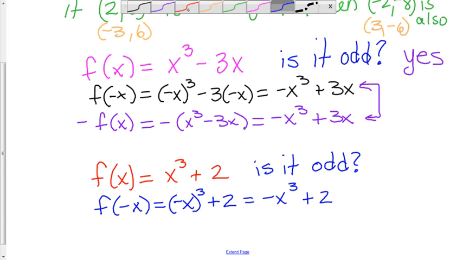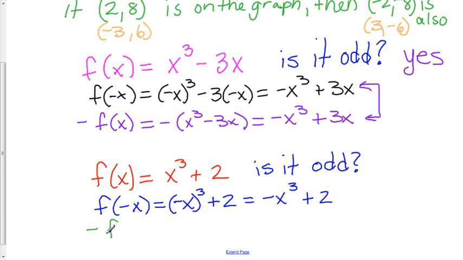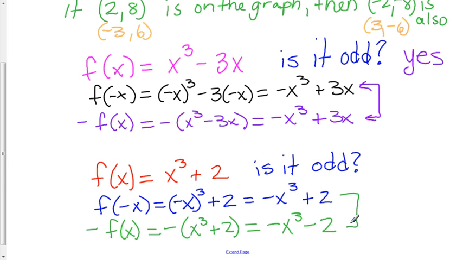Now then, if we take the opposite of the whole thing, that would be the opposite of x cubed plus 2. And the opposite of x cubed is a negative x cubed, and the opposite of 2 is negative 2. Now, are these two things the same? No, they are not. So this one is not odd.